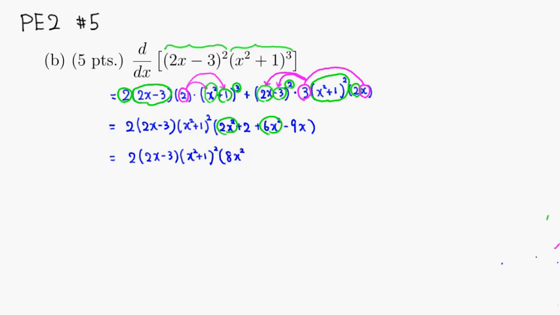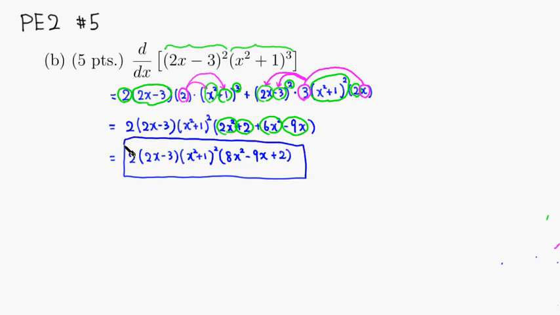Then we have negative 9x, so we put that in. And the last term is a constant term, plus 2. So that's the derivative for part B. That's it. I hope that this was clear.